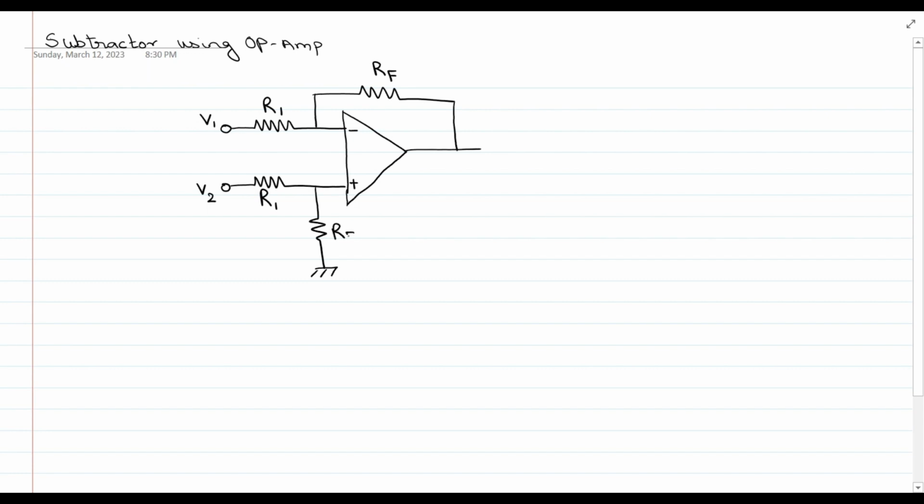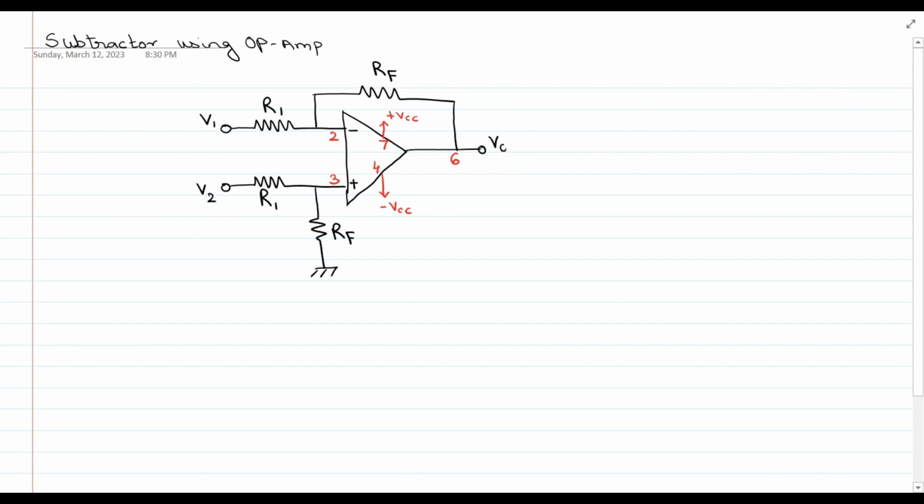We know that this is pin number 2, this is pin number 3, this is pin number 6, and there are two supplies, plus VCC at pin number 7 and minus VCC at pin number 4. The output is measured at pin number 6. So this is the output.